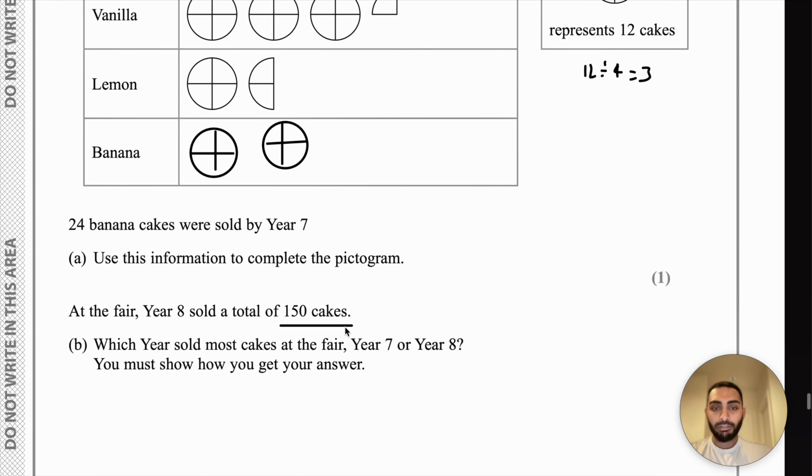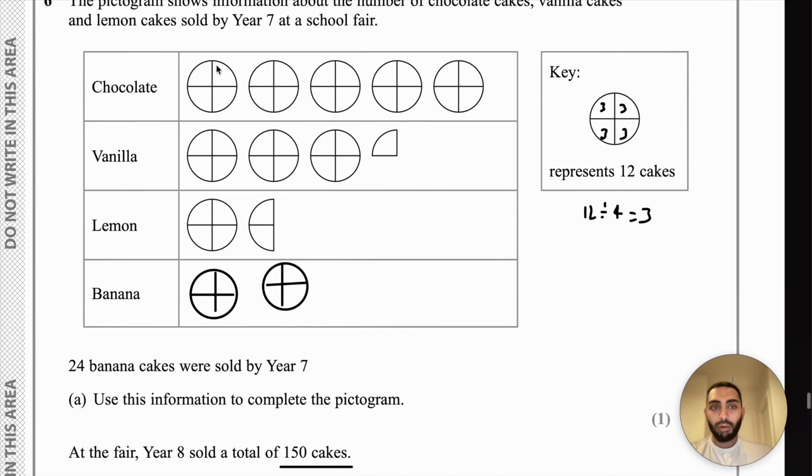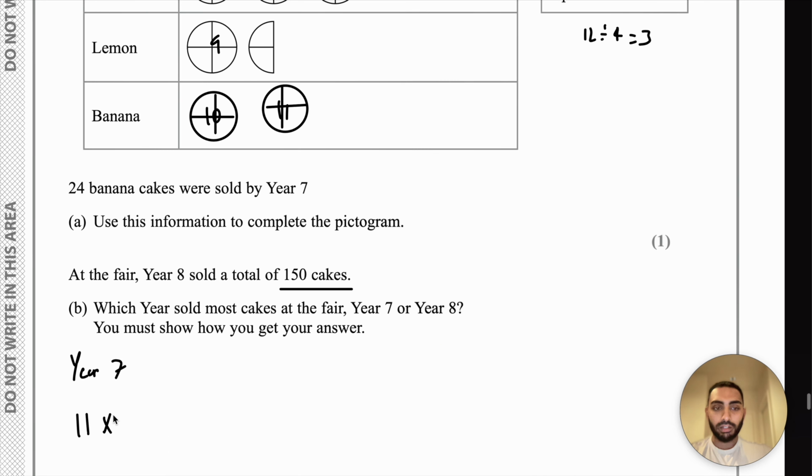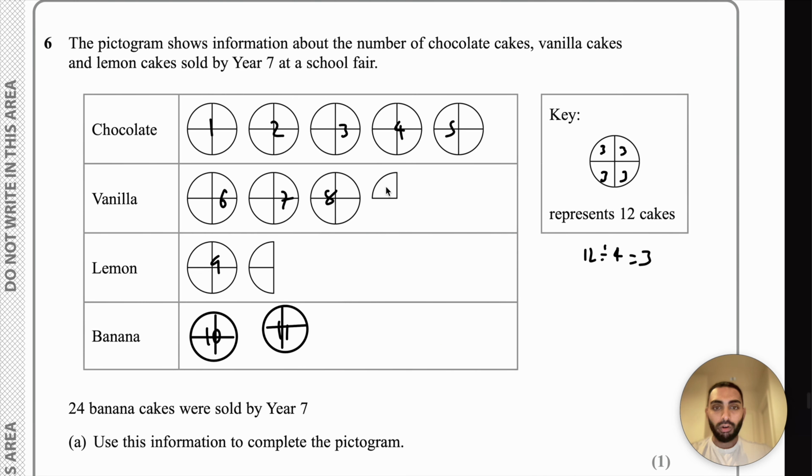So the first thing that we need to find is the total for Year 7. I'm going to count how many full circles I have. So I've got 1, 2, 3, 4, 5, 6, 7, 8, 9, 10, and 11. So I've got 11 full circles. So that's 11 multiplied by 12 because each circle is worth 12. Then I've got 3, 6, 9 to add on extra.